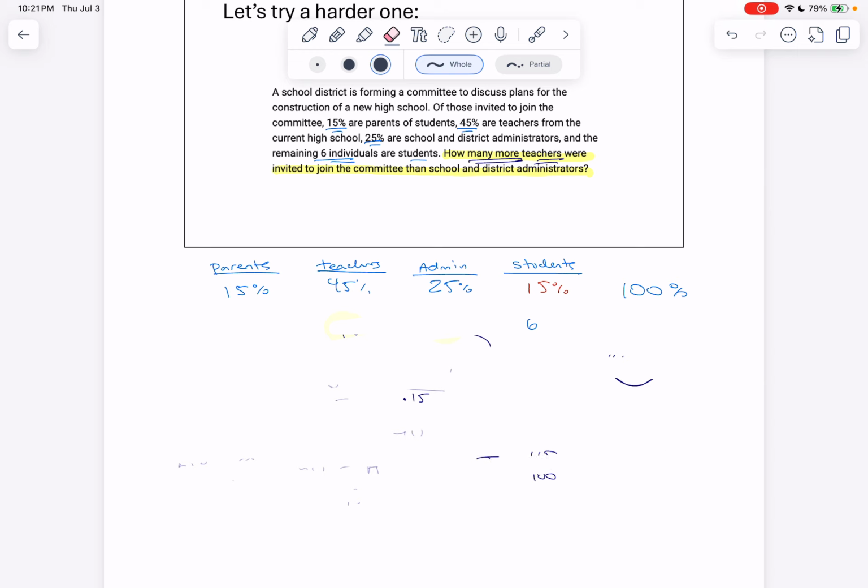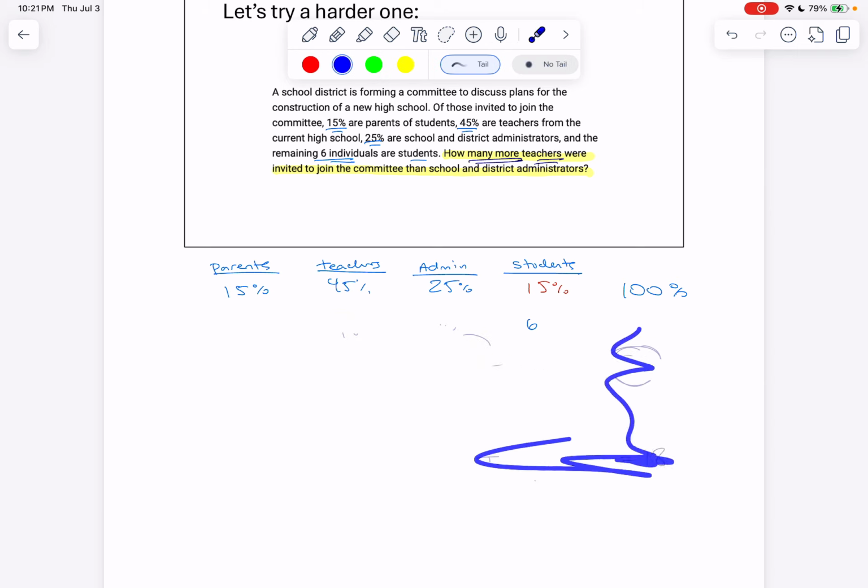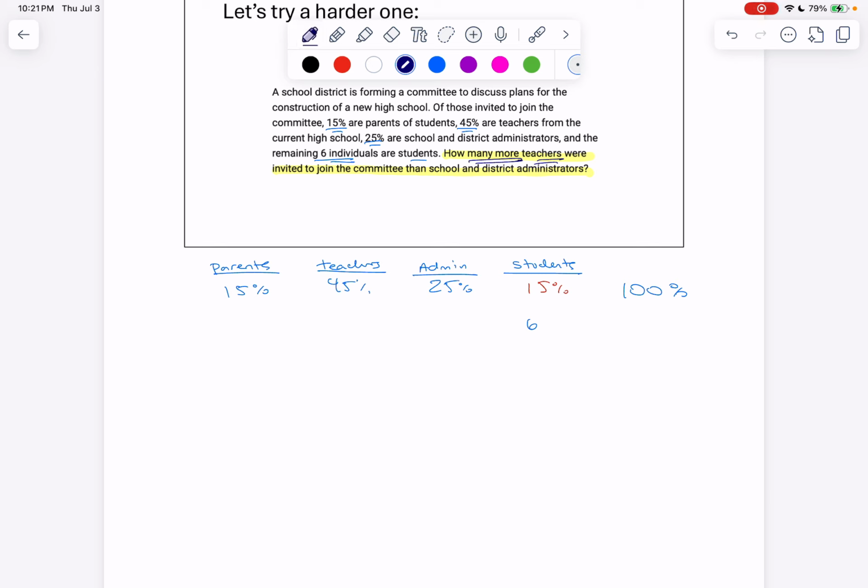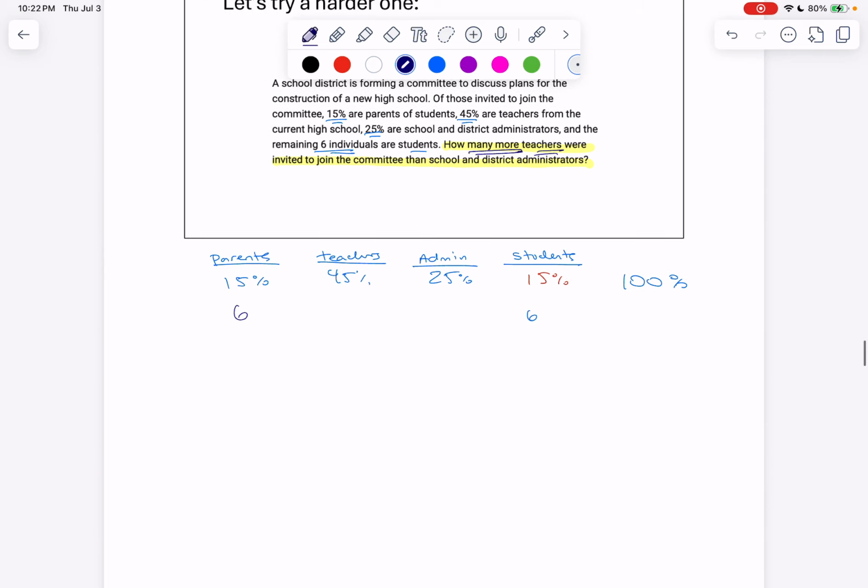Once you figure out that 6 is 15% of the total, excuse my erasures, you can say, well, if 6 is 15%, then my parents must also be 6, right? That makes sense.